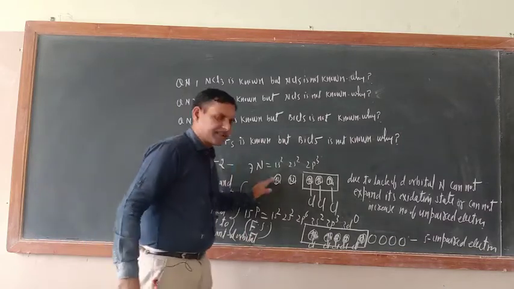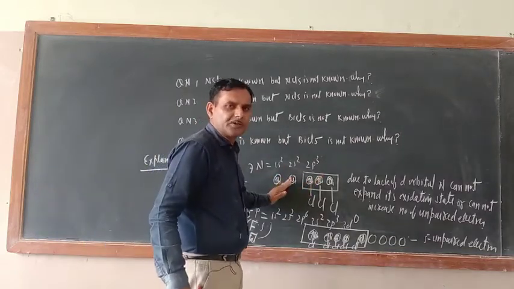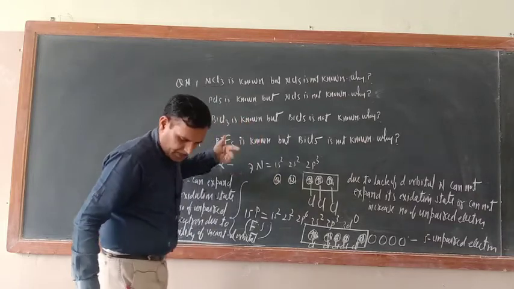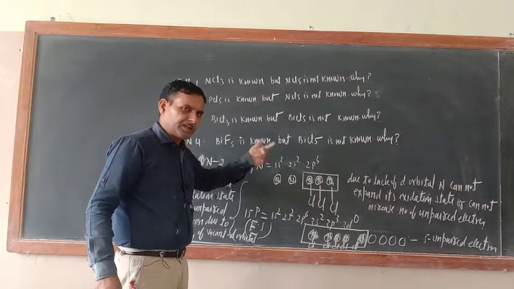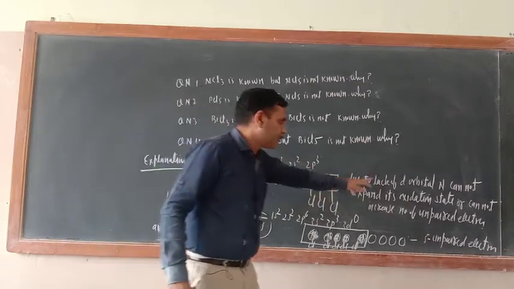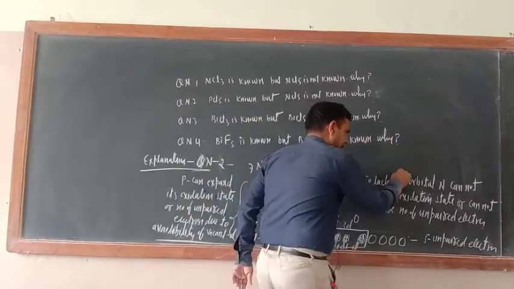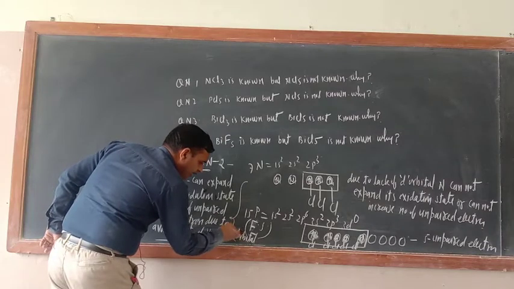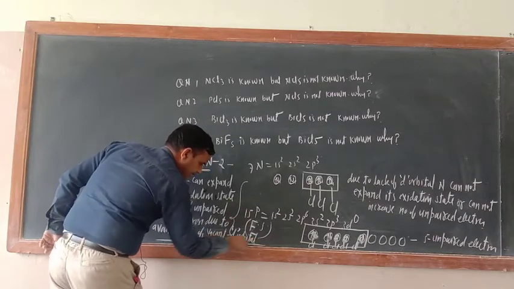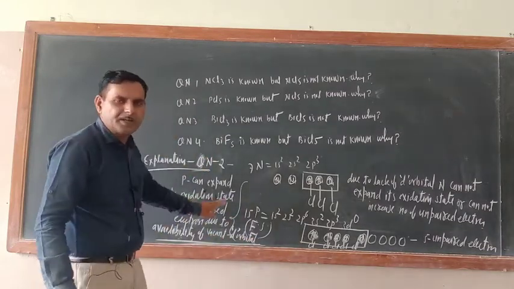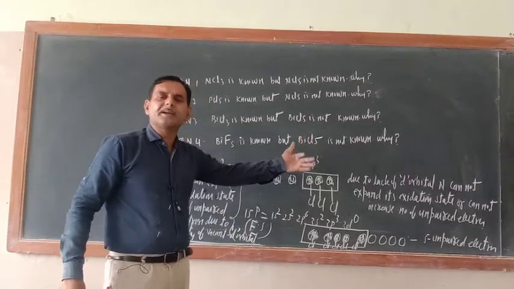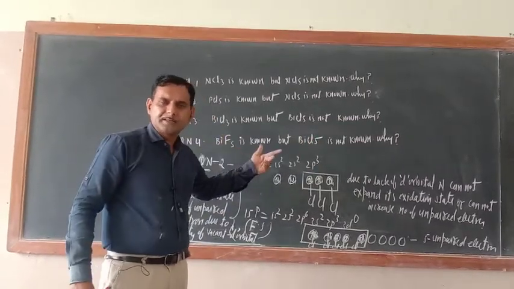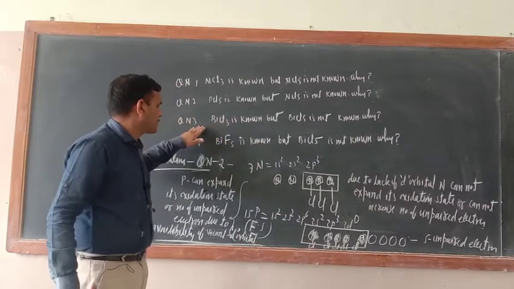Okay, and the same facility is not there in nitrogen. That is why nitrogen will not form NCl5, because of lack of d orbital. Here, due to availability of d orbital, phosphorus can expand, nitrogen cannot expand. This is the reason. What about question number 3?